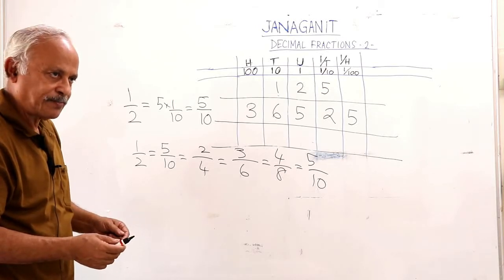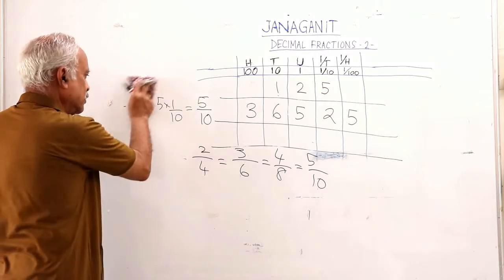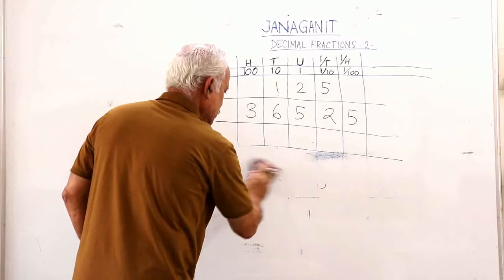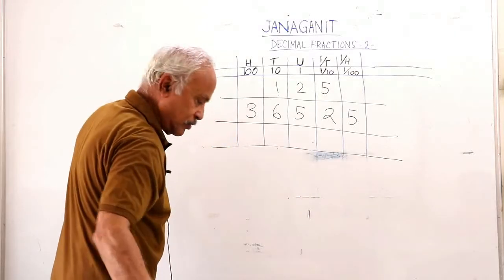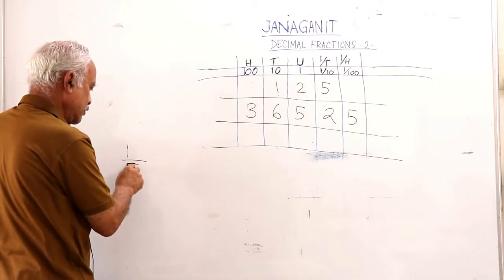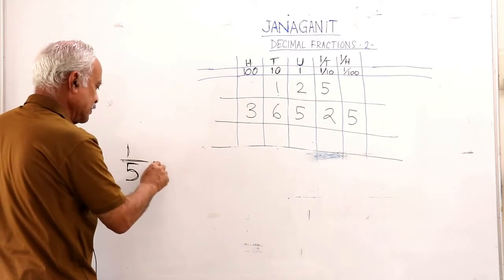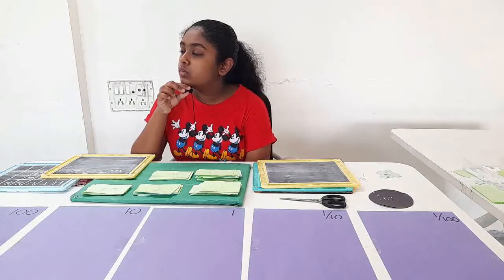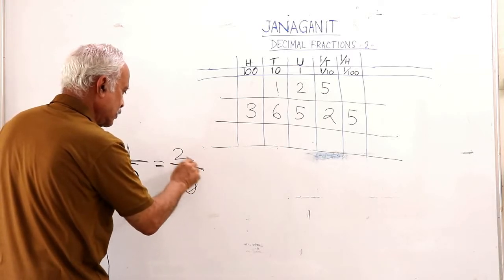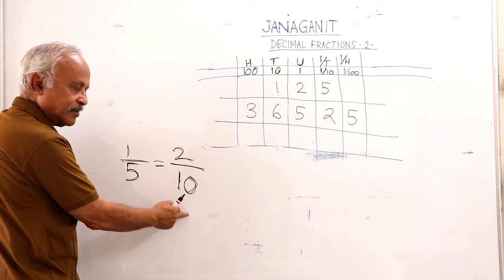Okay, let's do one more example. Let's do the equivalent fractions for 1 by 5. What is the equivalent fraction for 1 by 5? The next one is 2 by 10. So I've got 2 by 10 here.